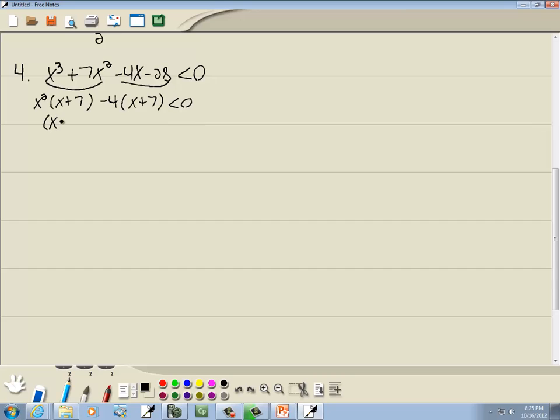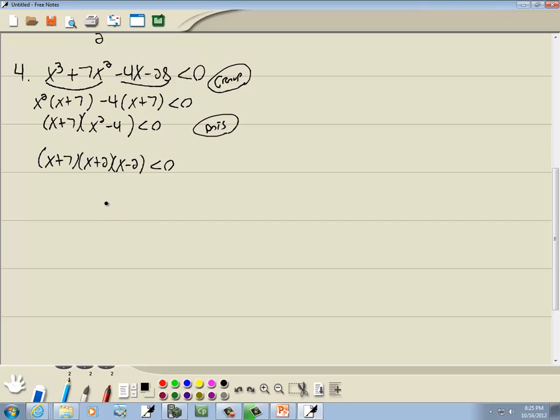They both have an x plus 7, so I factor that out, and that gives us x squared minus 4. Now, x squared minus 4 is the difference of 2 squares. So this factors as x plus 7 times x plus 2 times x minus 2, less than 0.